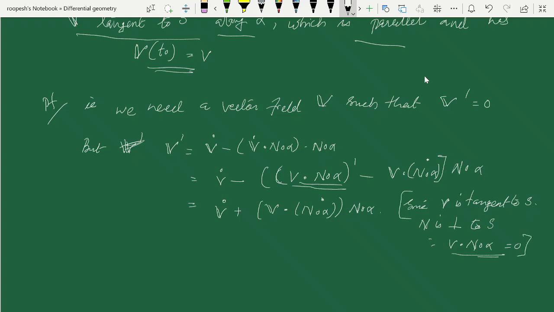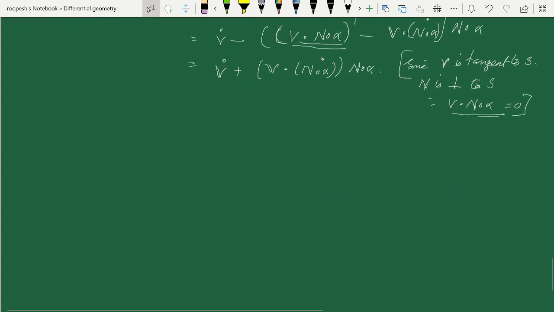So this is the reason we have only this term. Thus V dash should be 0. Am I right? So this is the term. Thus V dash equal to 0 you will get.